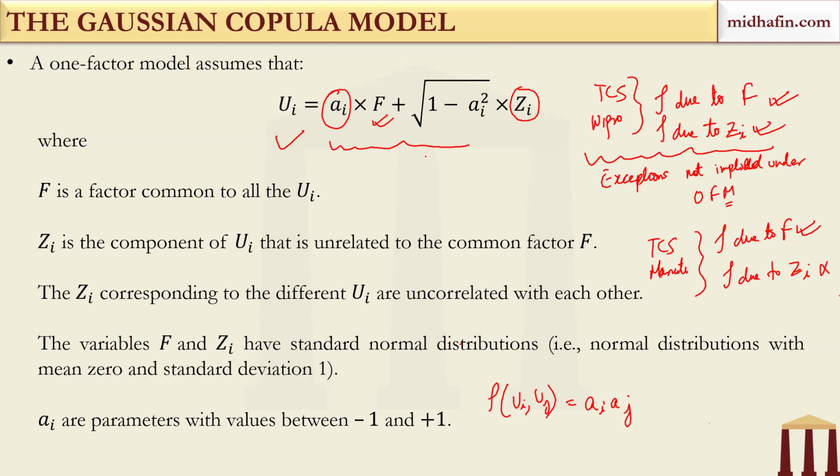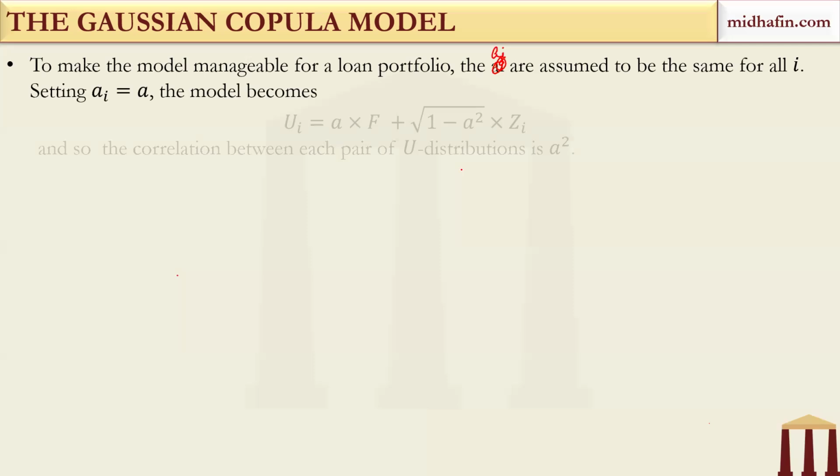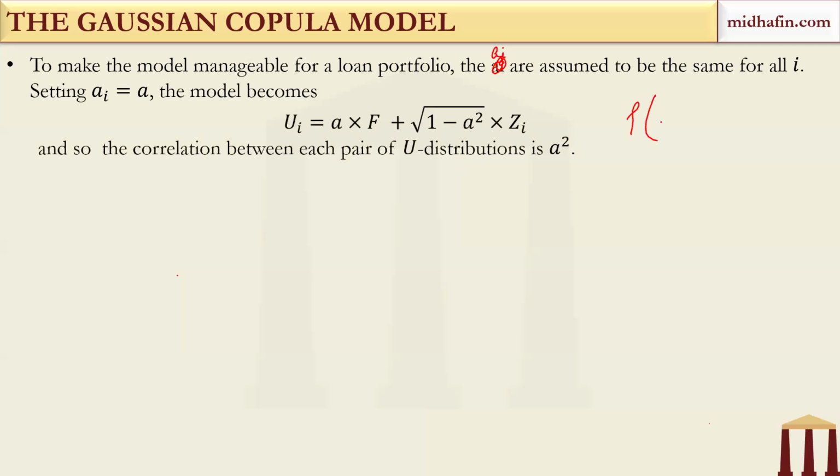It is AIAJ, and of course, it can be derived mathematically. It's quite easy to derive. Once all the AIs are the same, it means AI equal to AJ equal to A. So the correlation between each pair UI and UJ becomes A times A, which is nothing but A square, because AI and AJ both are the same as A. That is the idea.